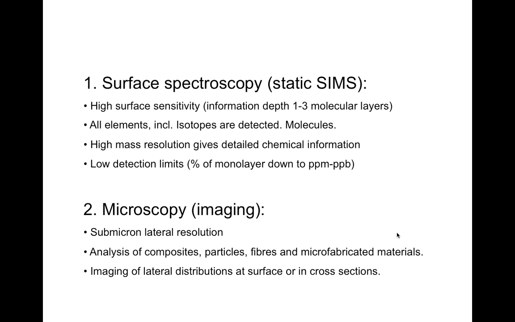So for the static SIMS, I will repeat, high surface sensitivity. We can see all the elements, including isotopes, molecules. If we have a high mass resolution with TOF, for instance, we can have detailed chemical information, and we have very low detection limits.